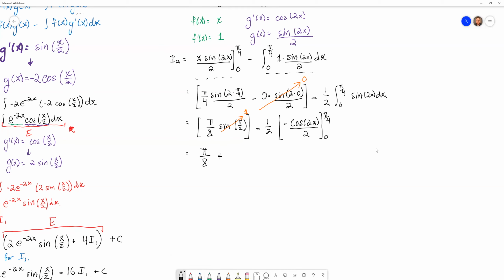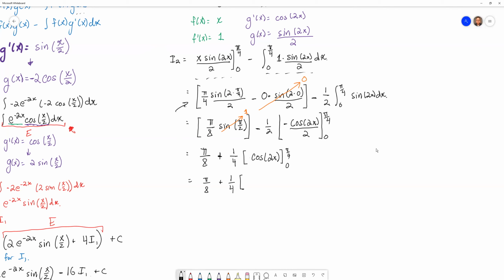So I can do plus 1 over 4 of cos 2x from 0 to pi by 4. And actually, this one would have been easier if I would have taken those values out, but not a big deal. So equals pi over 8 plus 1 over 4 times whatever happens in here.